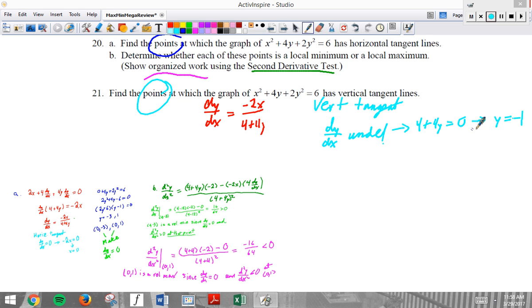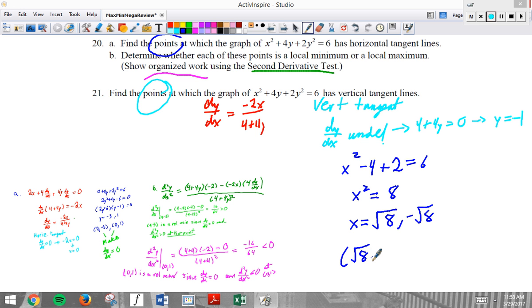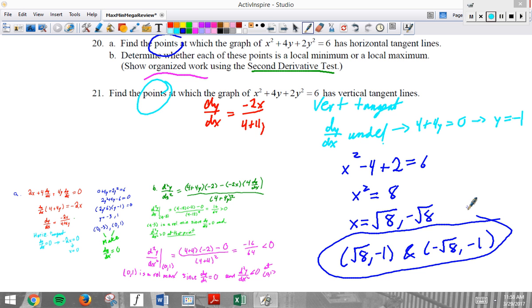So I plug negative 1 in for all the y's I see. x squared minus 4 plus 2 equals 6. x squared equals 8. x equals root 8 and negative root 8. So root 8 comma negative 1 and negative root 8 comma negative 1. Okay, and that's it.